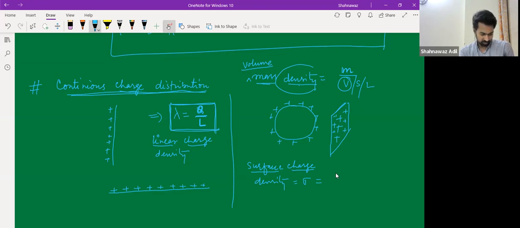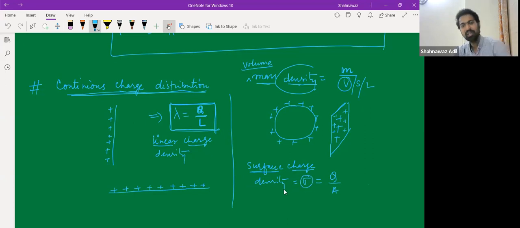Okay, I am arranging the class tests. Yeah, so Q by L is the correct answer for linear. As you can see, this is density.